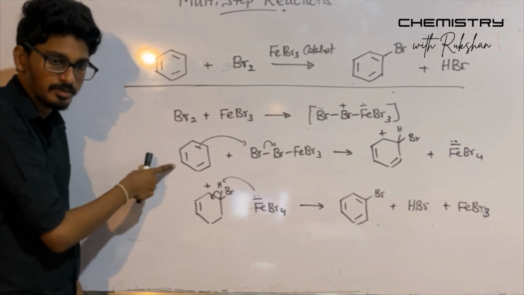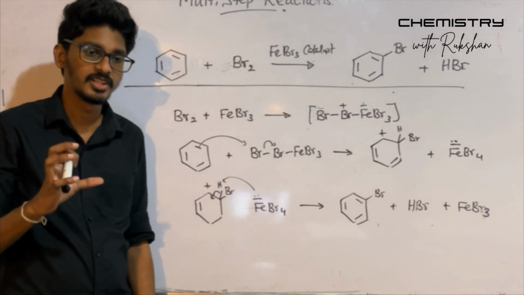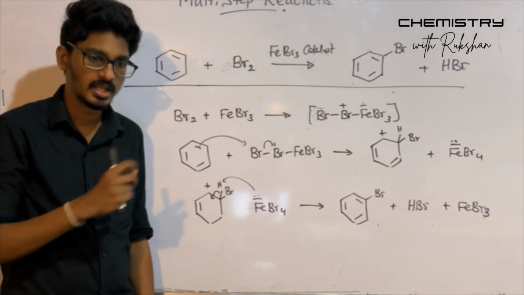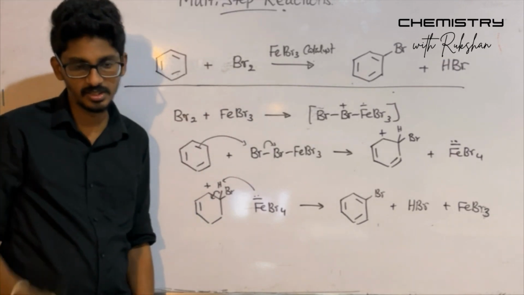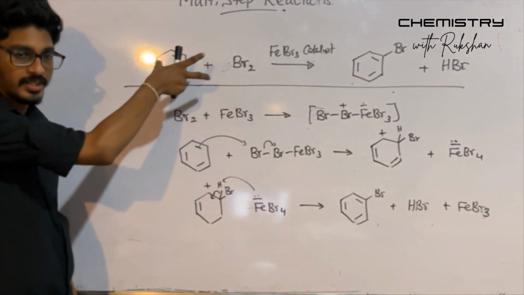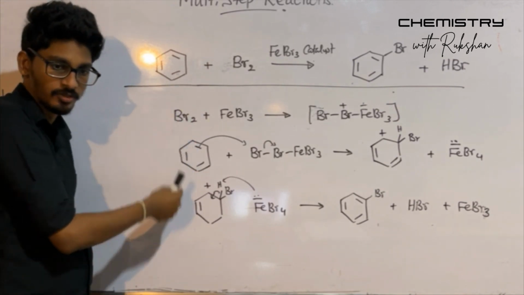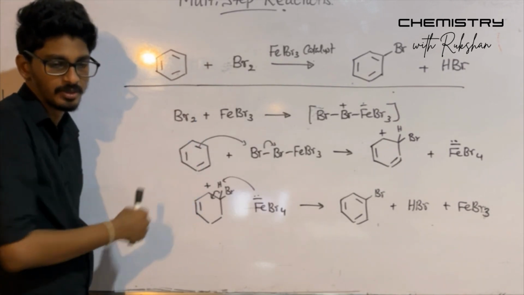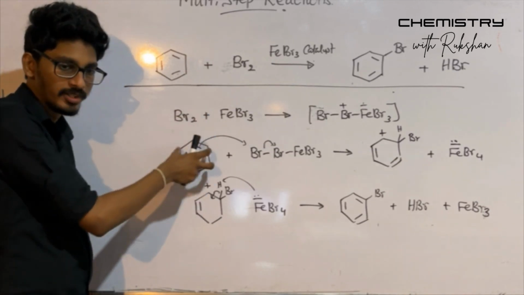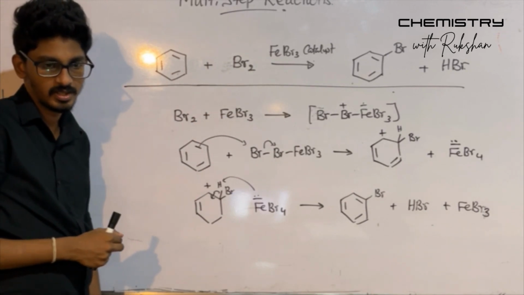A combination of elementary steps will give you the multi-step reaction. And you should note that the overall multi-step reaction is the summation of the elementary steps. The summation of all the elementary steps should give you the overall reaction.